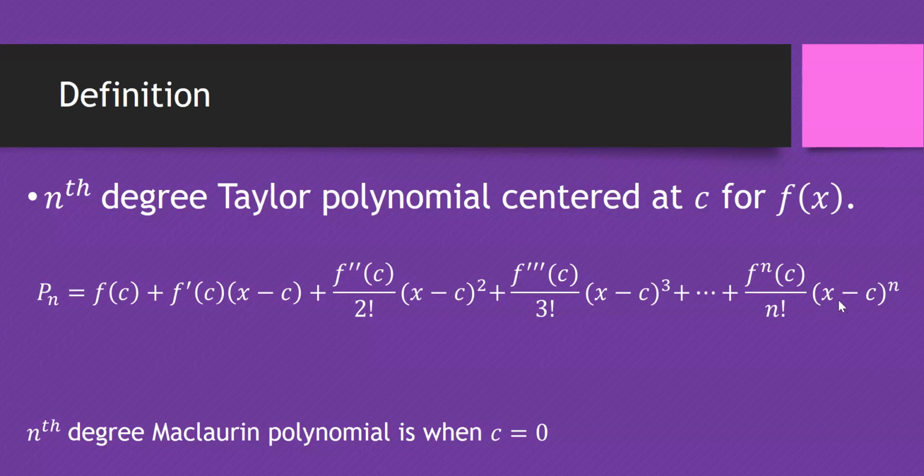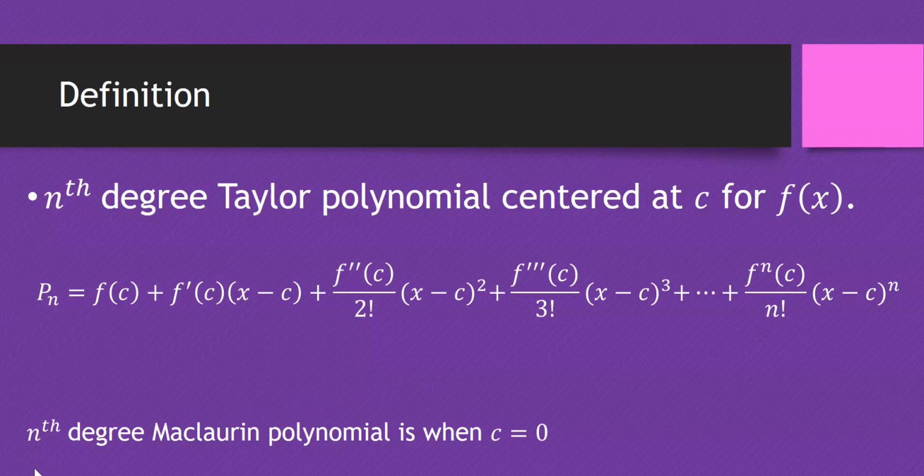You're going to start with x minus c to the nth, x minus c to the nth minus 1, all the way down to x minus c to the first, and then no x minus c. And it turns out those coefficients are just the derivative when you plug in c, divided by 2 factorial, divided by 3 factorial, divided by n factorial.